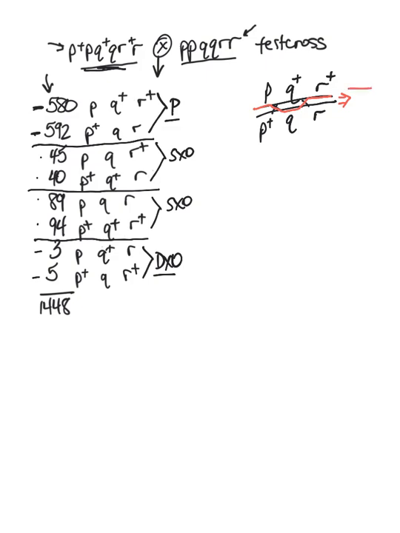So one type that we would get would be P, Q, and R+. Let me use a different color to show the other result of that double crossover. If we start at one end of the bottom chromosome, we get P+, we cross over and we get Q+, then we cross back down and we get R. So P+, Q+, and R.